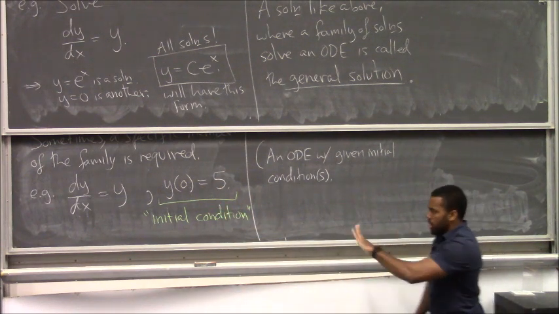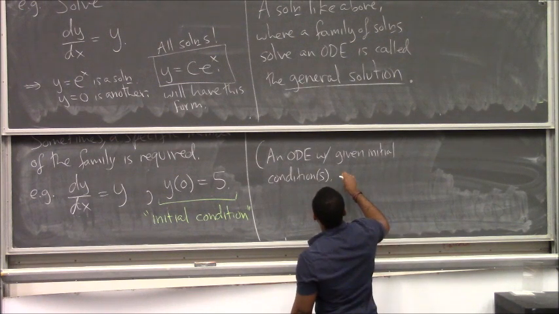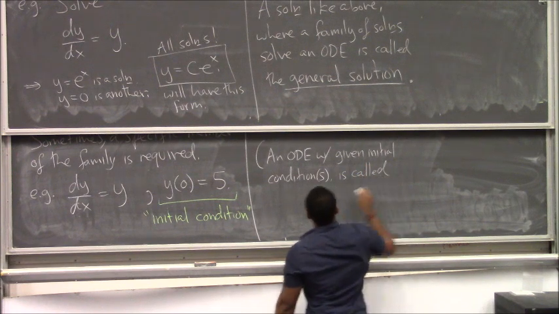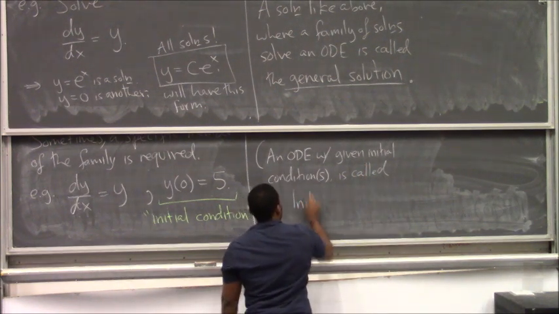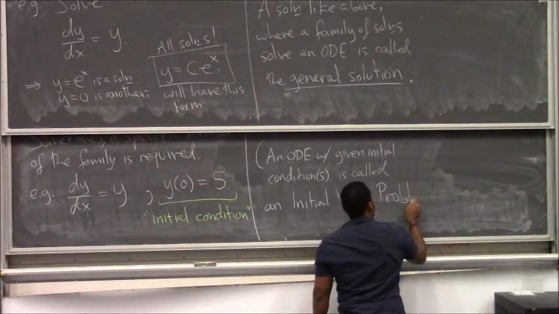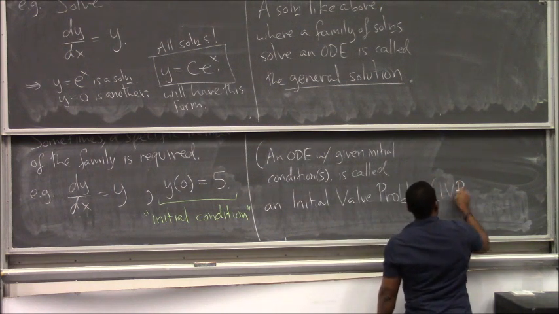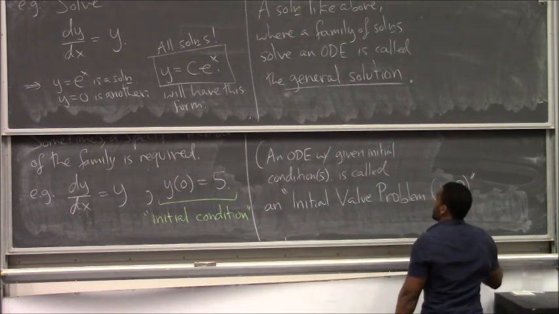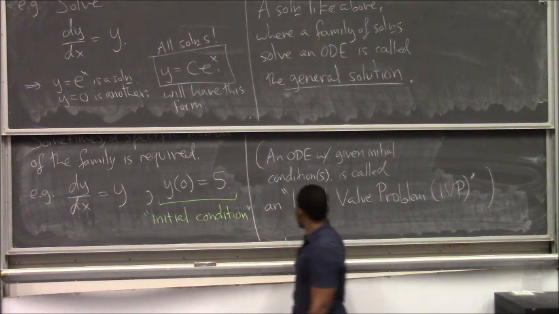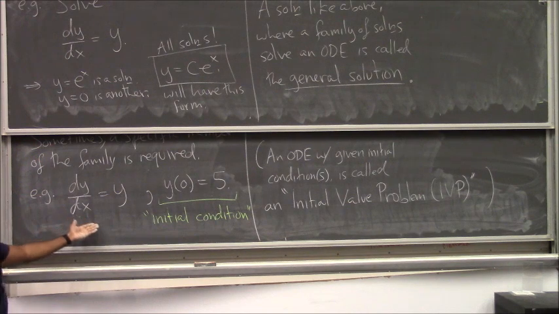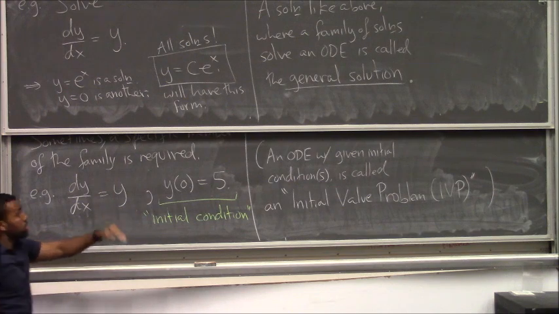I'll talk about that in a little bit. An ODE with given initial conditions is called an initial value problem. So that's an ODE. This is an initial value problem, right? It's an ODE with some given condition that I must fulfill.